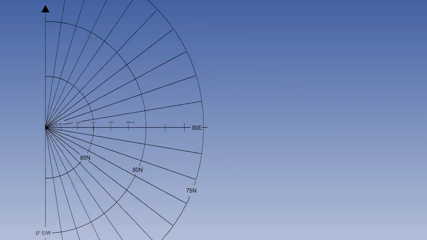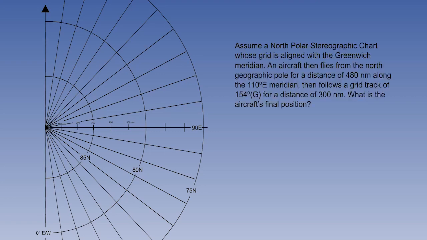Some questions may provide you with a grid chart as an annex. In this case, you may be expected to solve them by plotting, not calculation. Here is an example. Assume a North Polar stereographic chart whose grid is aligned with the Greenwich meridian. An aircraft then flies from the North Geographic Pole for a distance of 480 nautical miles along the 110 degrees east meridian, then follows a grid track of 154 degrees for a distance of 300 nautical miles.